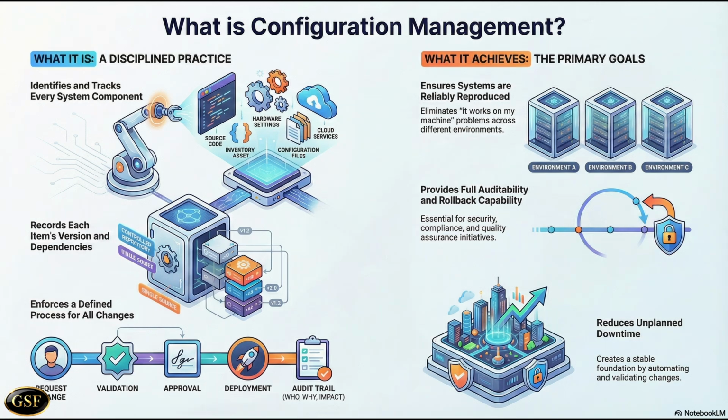The primary goal of CM is to ensure that a system can be reliably reproduced, audited, and rolled back at any point in time. By keeping this single source of truth and automating the propagation of approved changes across development, testing, staging, and production environments, CM eliminates the "it works on my machine" problem, reduces unplanned downtime, and provides the traceability required for security, compliance, and quality assurance initiatives.